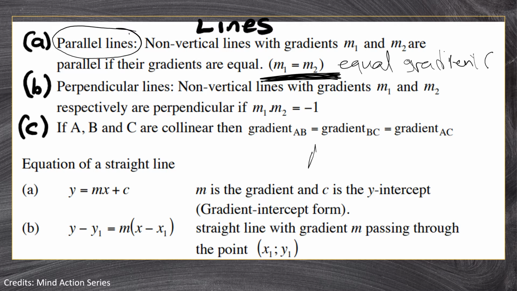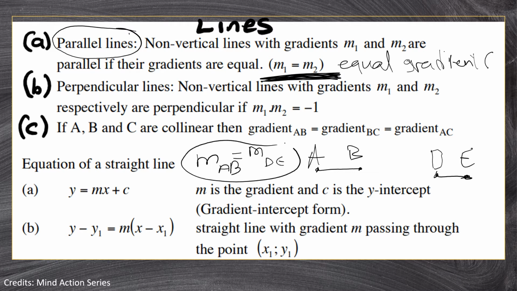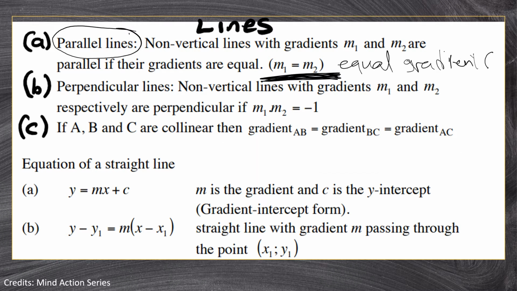For example, if I have line AB and line DE, and I want to know if these lines are parallel or not, I can just calculate their gradients: the gradient of line AB and the gradient of line DE. If they are equal, then I can deduce that those lines are parallel.